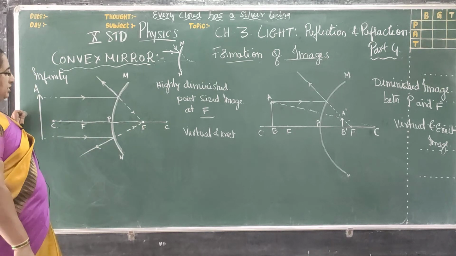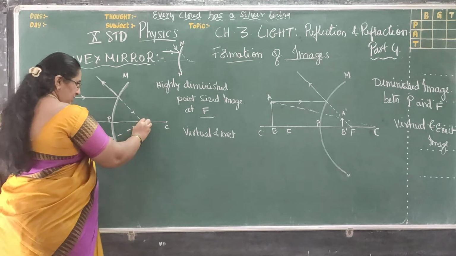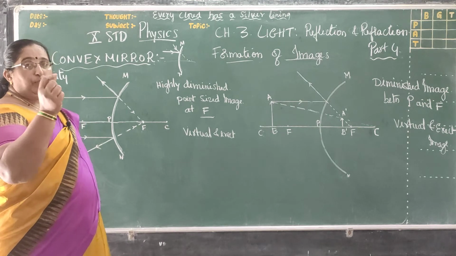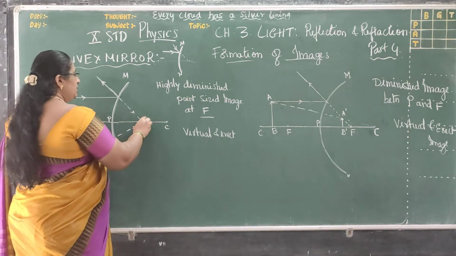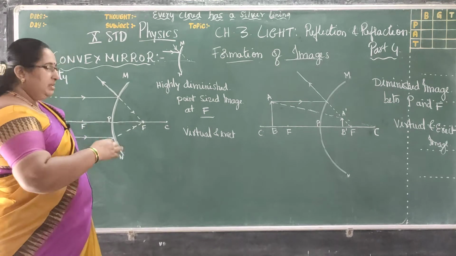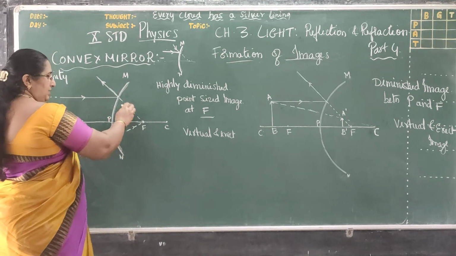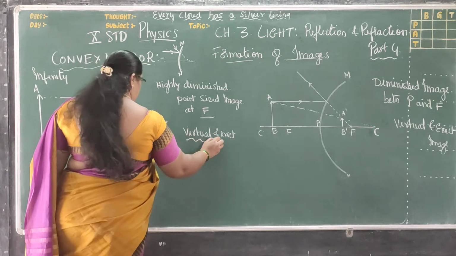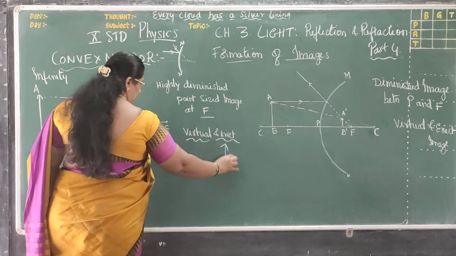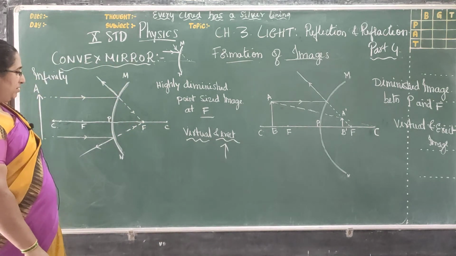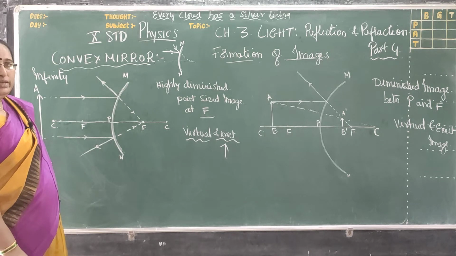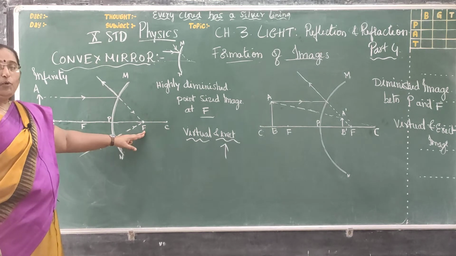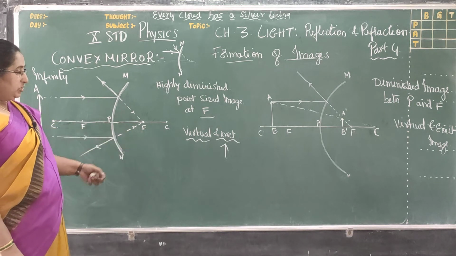So the position of the image will be at the focus, and the nature of the image is a highly diminished, point size image. Because the focus is behind the mirror, a virtual image is formed, and the image is erect, which means upright. So in this convex mirror, when the object is at infinity, the image will be formed at the focus, a point size image, and it is virtual and erect.